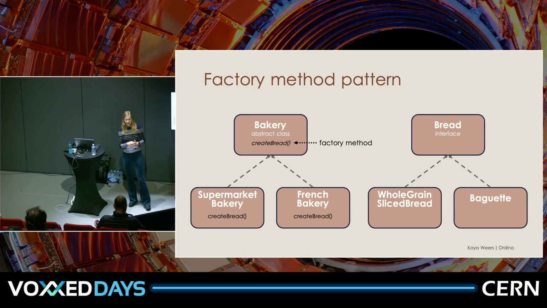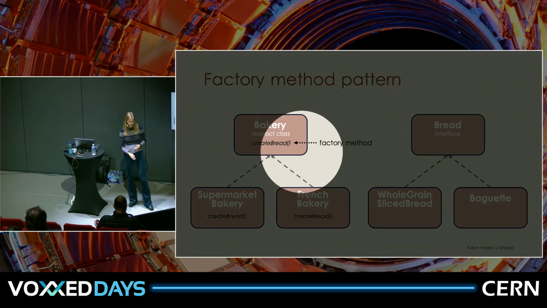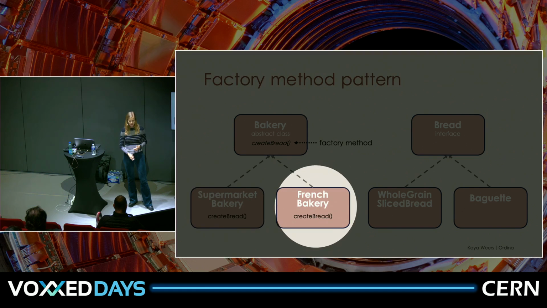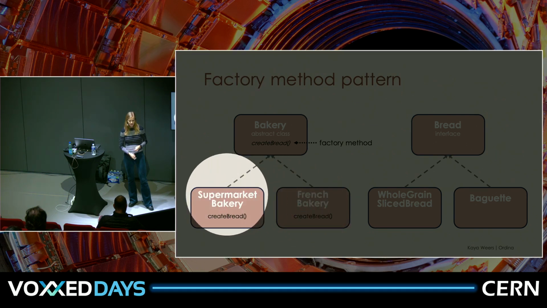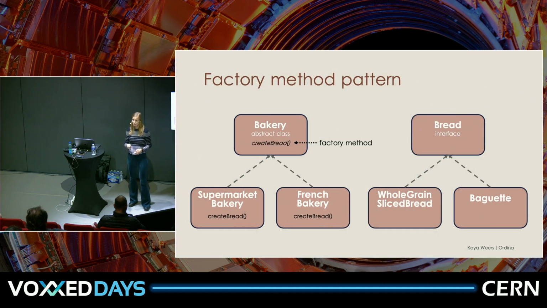And then we have the different bakeries. And they have to actually implement the method create bread. So they have to actually create the objects, but they can change it as long as it's from the interface bread. So in there we'll make sure that they give back the right subtype of it.